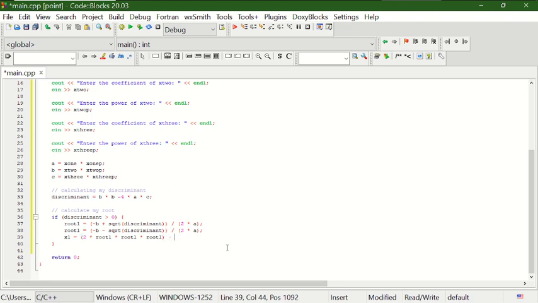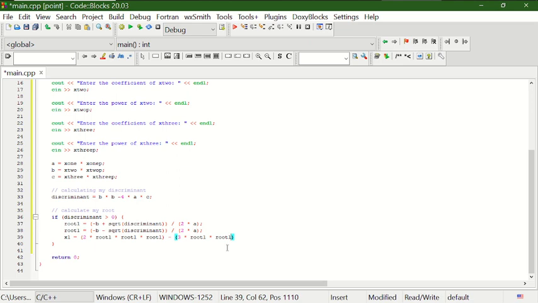Minus, in brackets, 3 times the root 1 squared this time, because it was x squared, then the other one was nothing.